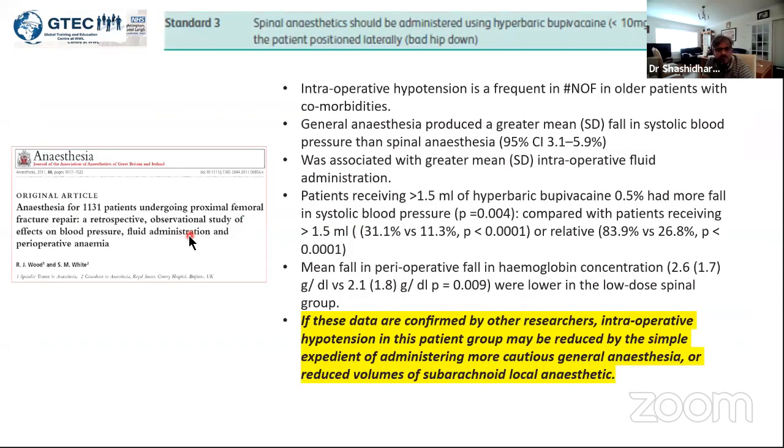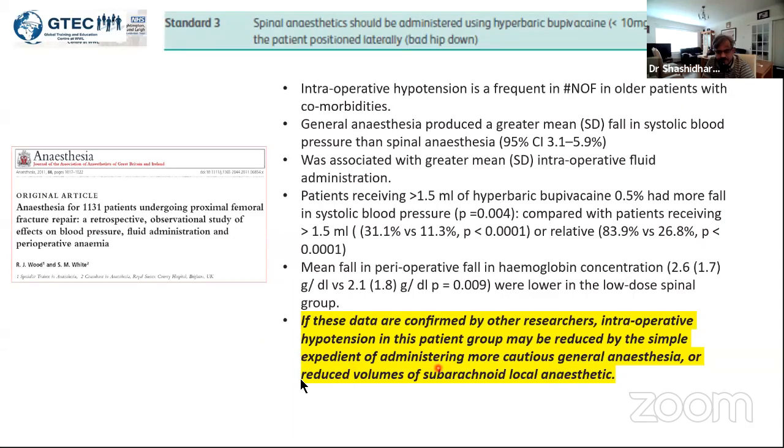So this is a single study. That's my problem. Anesthesia for 1,031 patients in a single hospital, single setting. They say if these data are confirmed by other studies, intraoperative hypotension in this patient group may be reduced by simply expediting administration of more cautious general anesthesia, reducing volumes of subarachnoid local anesthetic.